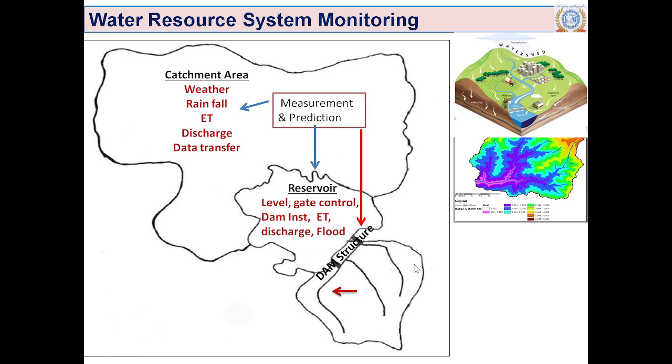In all the zones you need measurements. You can measure certain things, and using the modeling concept, you can predict certain things. And in a dam structure, you can measure the characteristics of structural stability, etc.